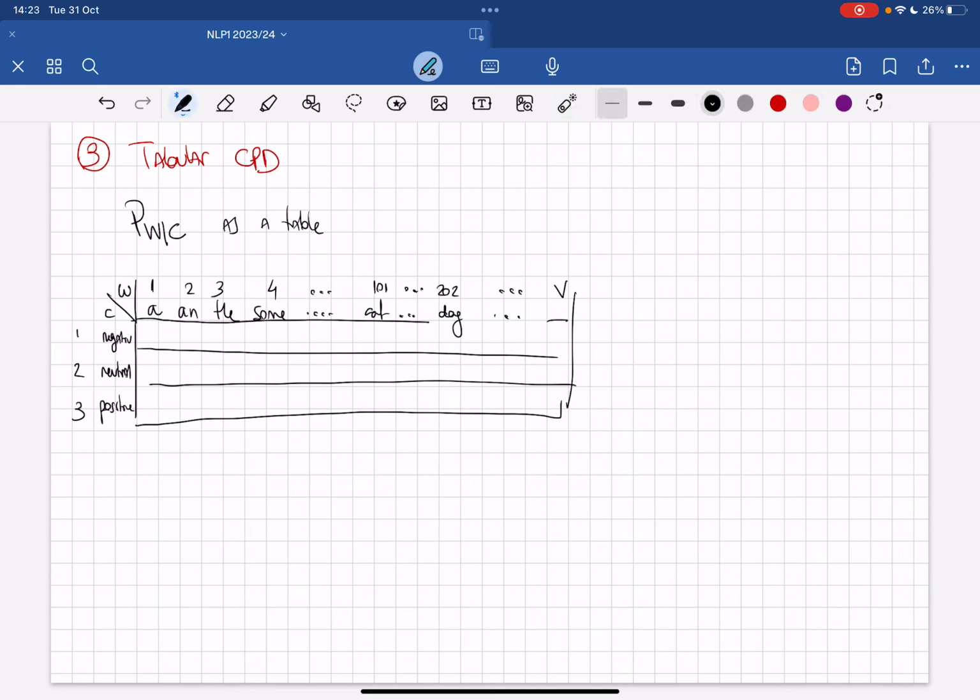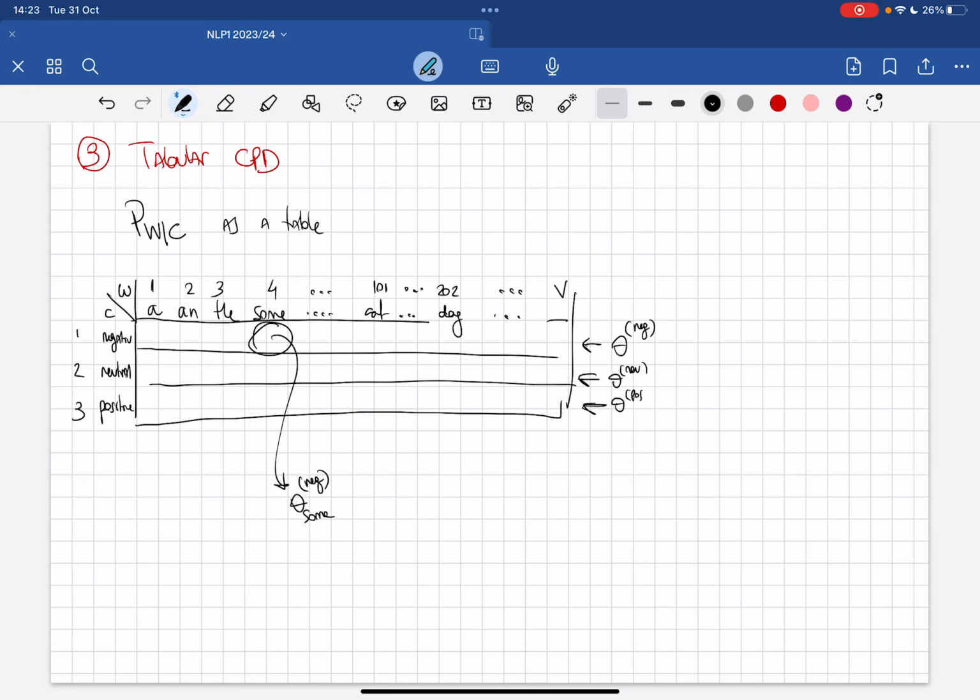Each row is identified with a parameter vector. So for example, here I call this negative, neutral, and positive. And if you go here somewhere, what you have is the theta corresponding to a negative C and coordinate for word sum.